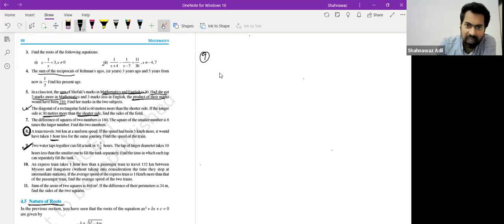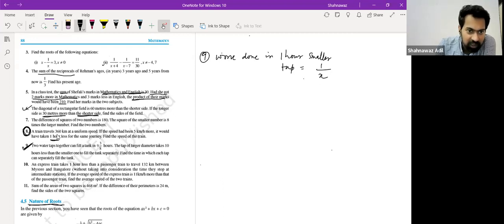So in here, we will calculate the time taken or work done in 1 hour for the smaller tap, right? So that is 1 by x, where x is the time of the smaller tap.